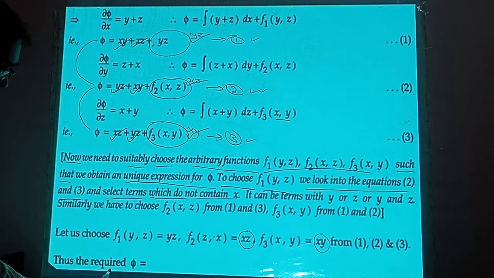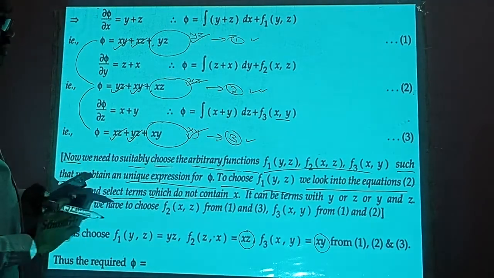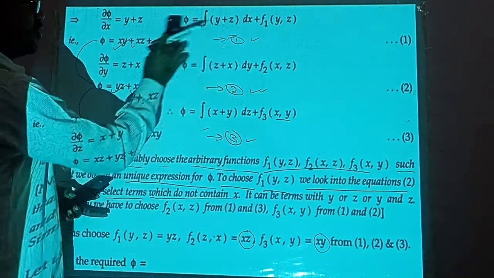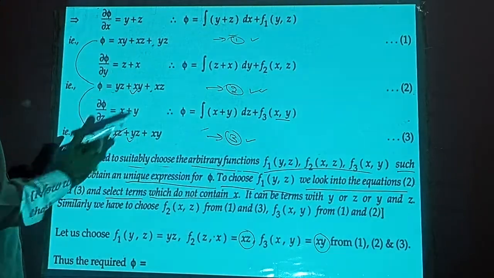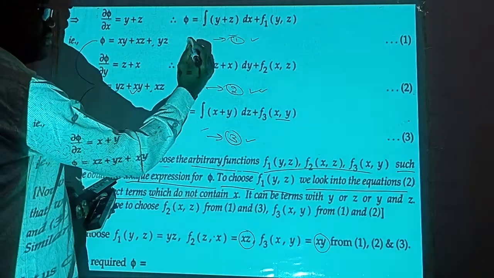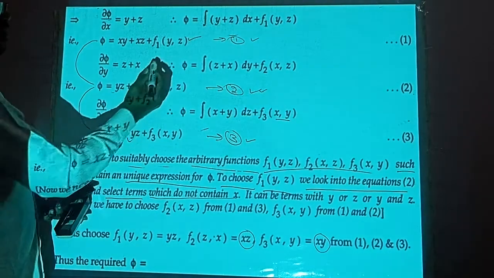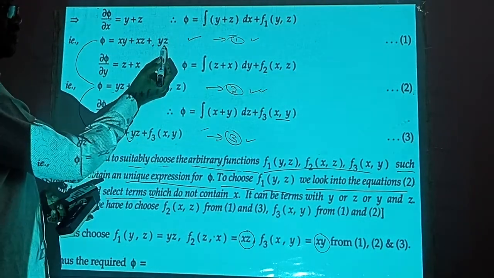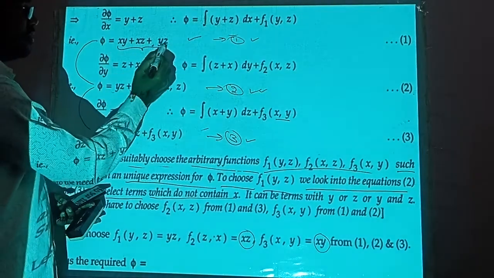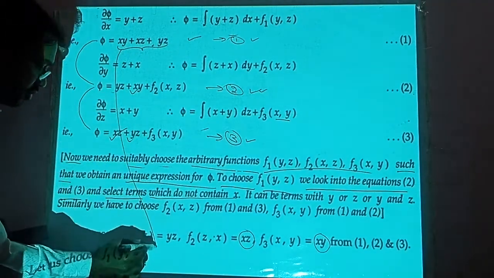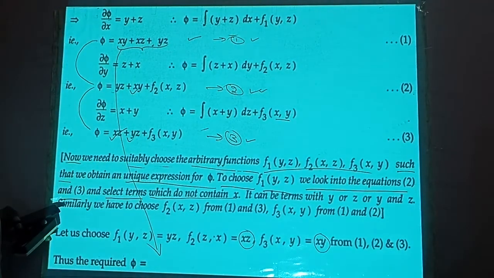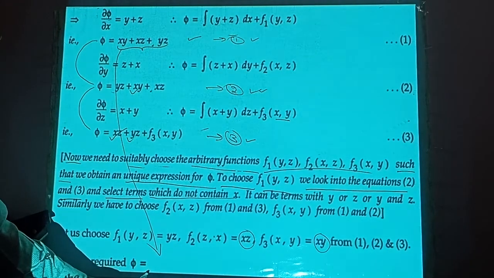Thus the required phi is, what is the required phi? After replacing, you can take any one phi. Before replacing here, if you replace here yz, you can take this as your phi now.